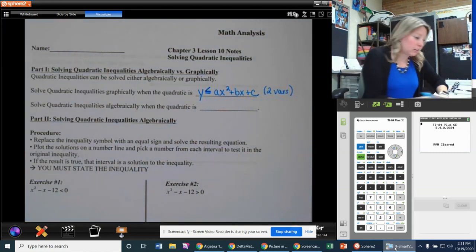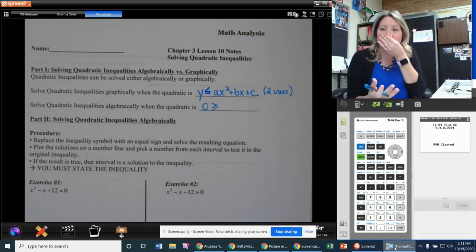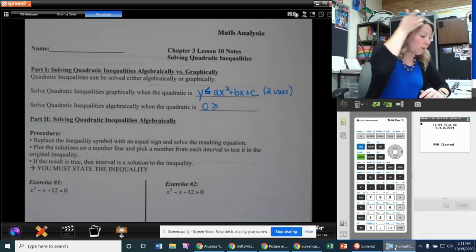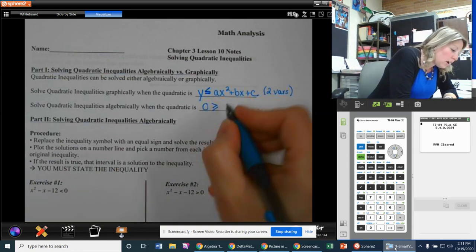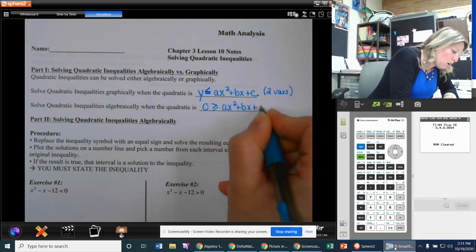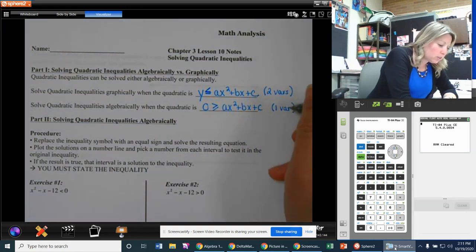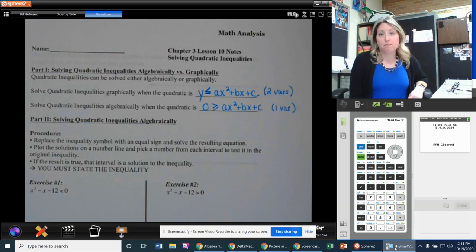But if it's 0 is greater than or equal to, or less than or equal to, or whatever the equal to, the less than, the greater than, it's ax squared plus bx plus c. When there's one variable, that's when we solve algebraically. Okay, that's when we're solving this algebraically.